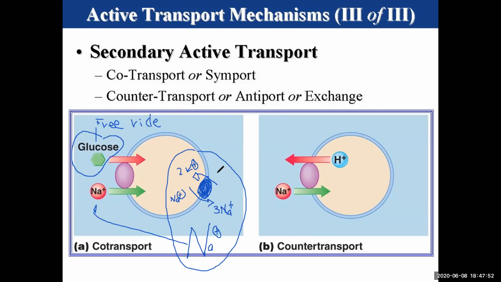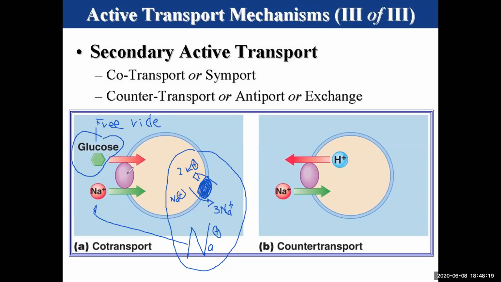Again, one more time. The sodium potassium ATPase consumes energy to set up a concentration gradient of sodium across the cell membrane. That concentration gradient of sodium uses the sodium glucose transporter, or sodium glucose symporter, to bring sodium back into the cell.